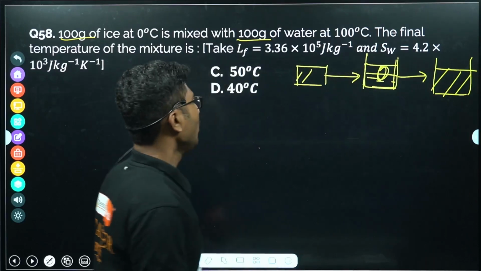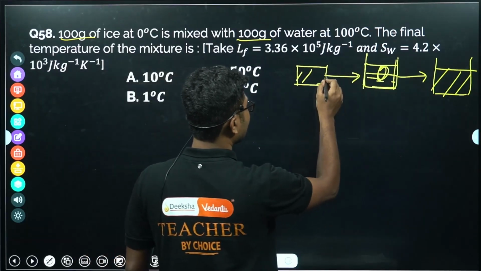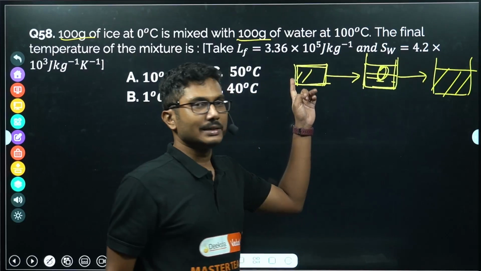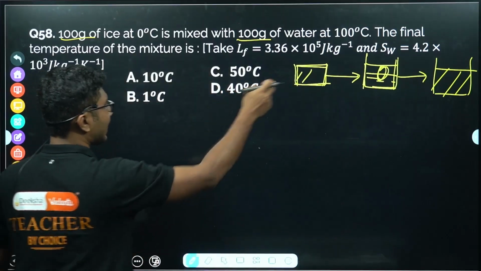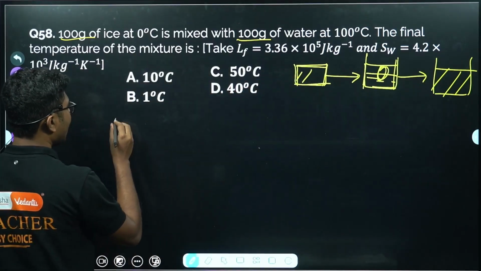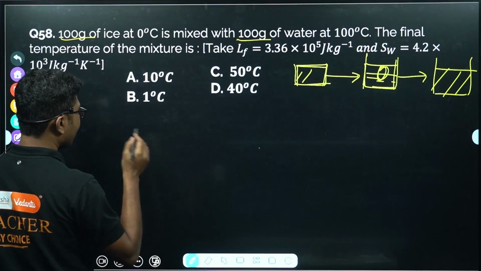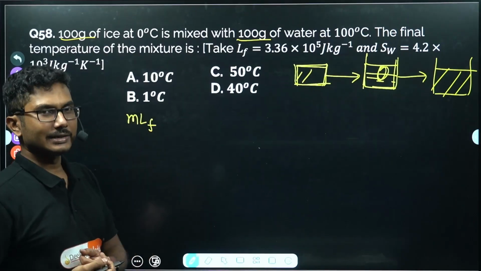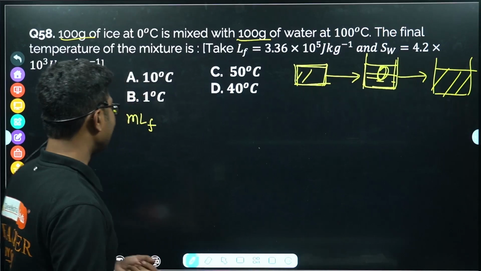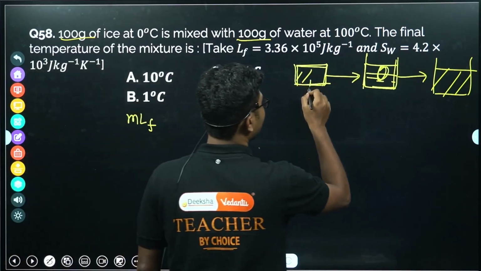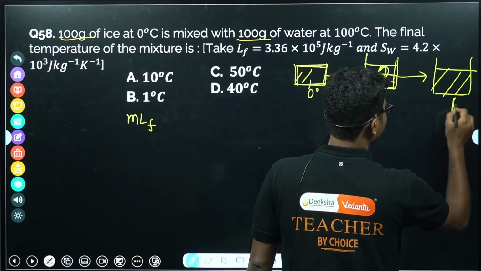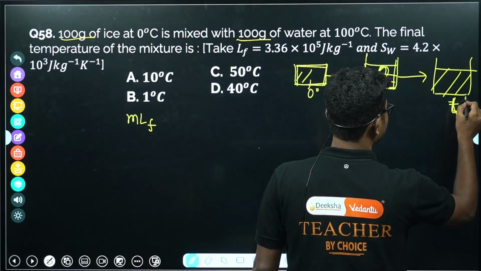So the first stage is how much heat energy is required to melt this ice. To melt this ice, the energy required, say Q1, is m LF, right? This is the energy required to melt that ice. Now this ice will start at 0 degree Celsius and reach a temperature of T degree Celsius, say.